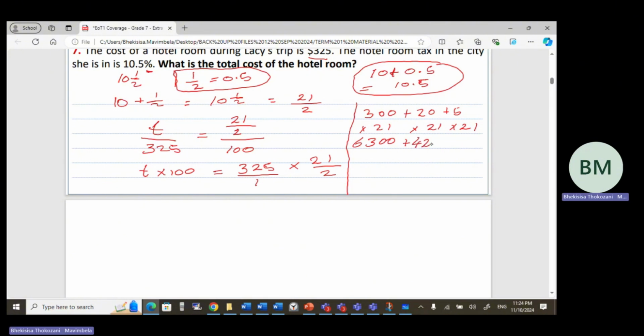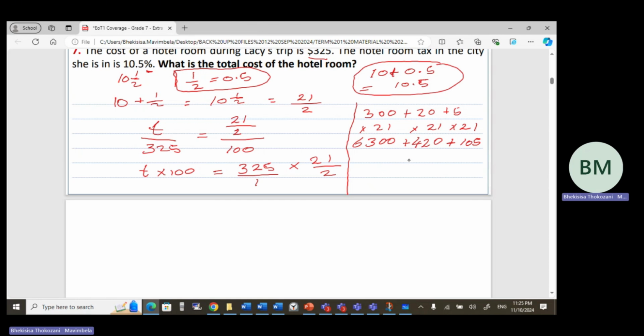And again, there's that 0 there. You bring that 0 down. 5 times 1 is 5. And 5 times 2 is 10. You see, it makes sense.